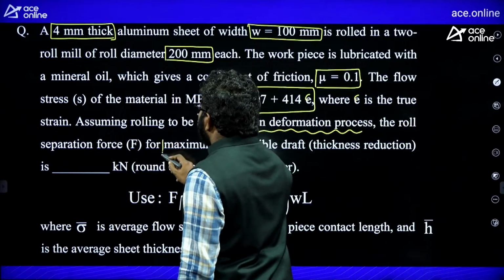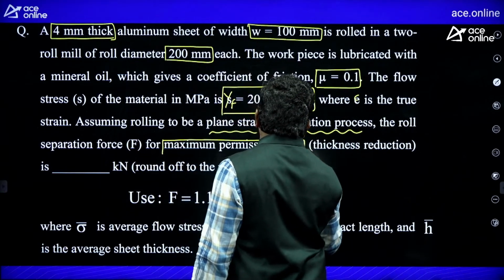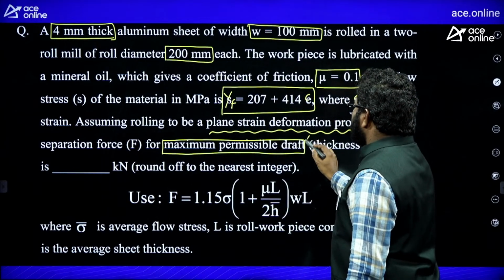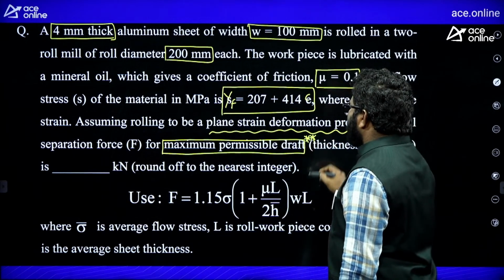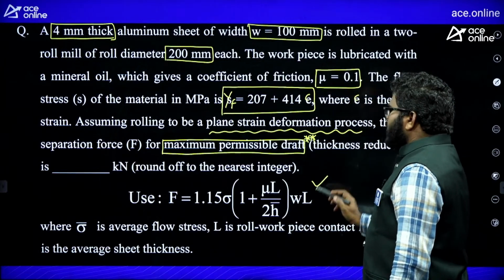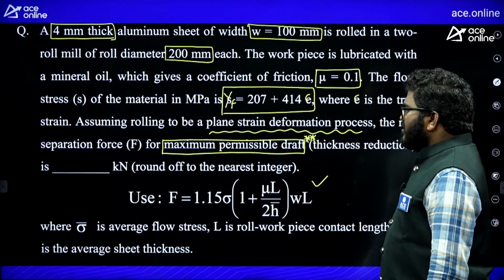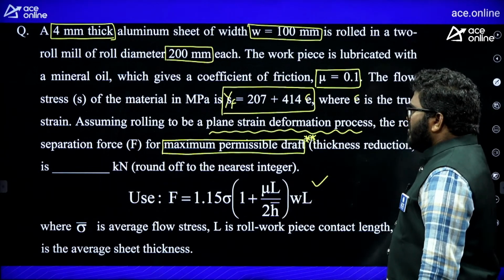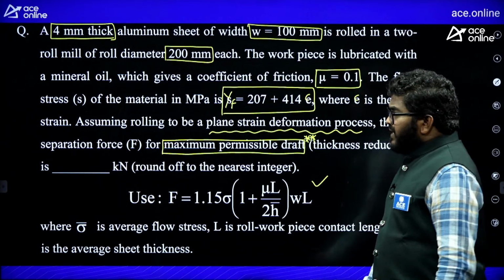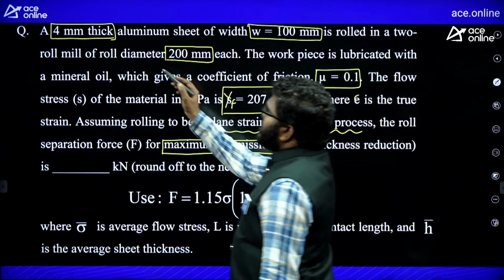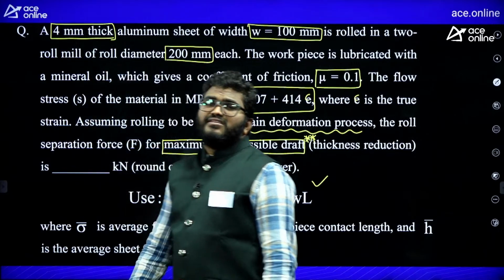Remember this condition is given in the question, and the roll separating force or rolling force formula is also given. Simply substituting in this formula, you will get the answer. But in this question, the initial thickness is given, but the final thickness is not given.